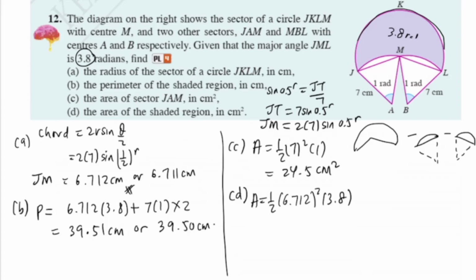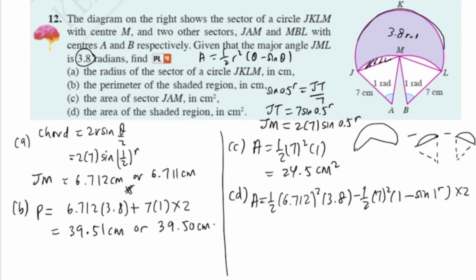Area of segment is half r squared, theta minus sine theta. This is the formula for area of segment. Your radius for this segment here is 7 squared. Your theta is 1 radian minus sine 1 radian. But I need to times 2 because there are two segments.